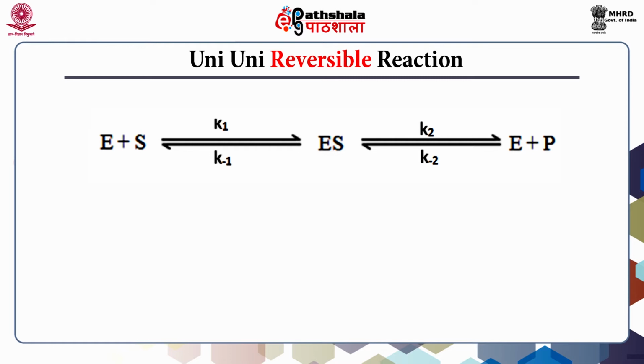K minus 2 is the rate constant for the third reaction which occurs in the backward direction, that is binding of the product with the enzyme to form enzyme substrate complex ES, and K minus 1 is the rate constant in the fourth reaction, that is dissociation of enzyme substrate complex ES to form free enzyme and substrate.